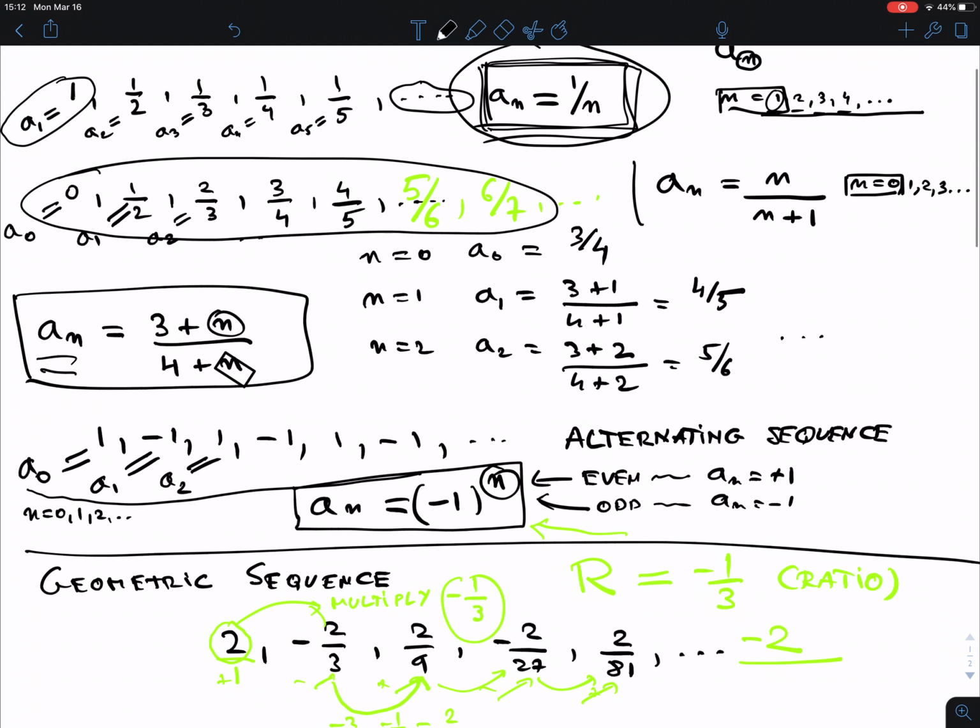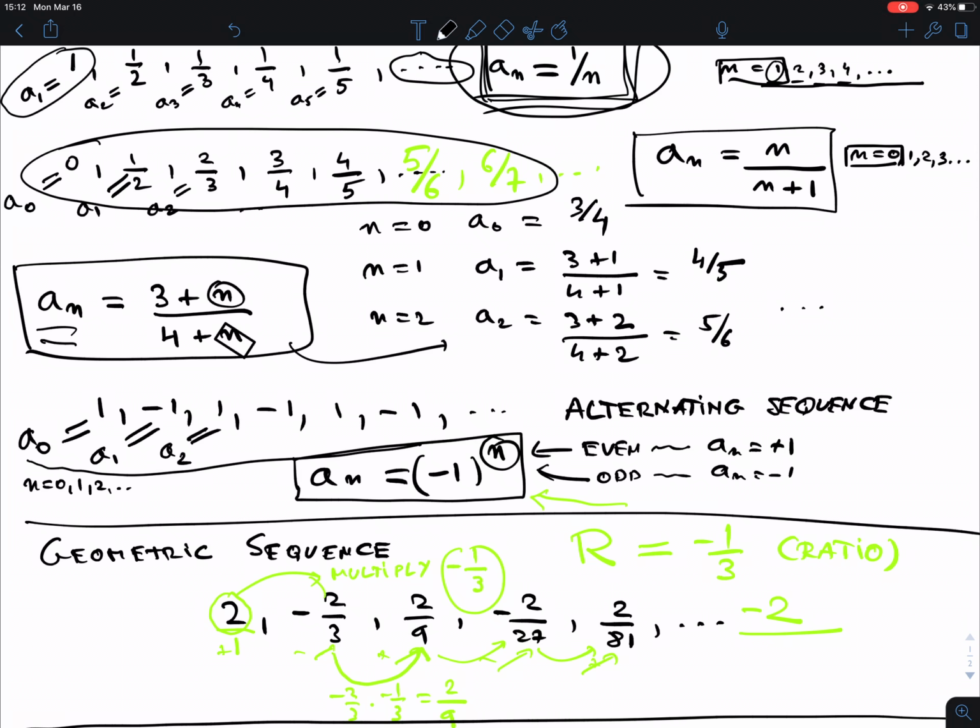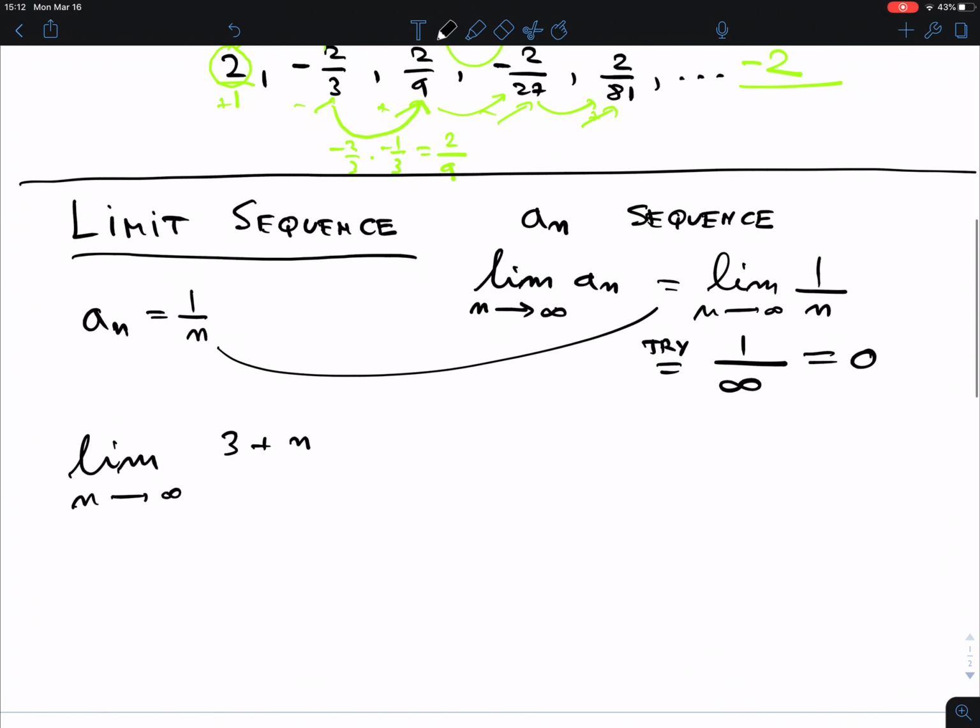This was the formula for this sequence: n over n plus 1.